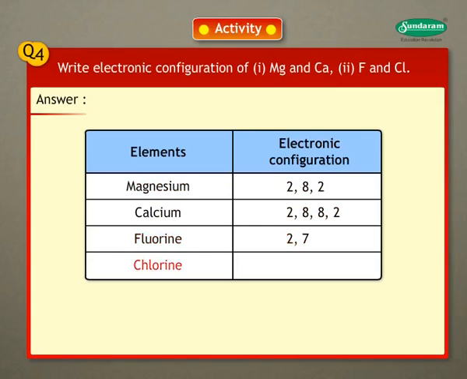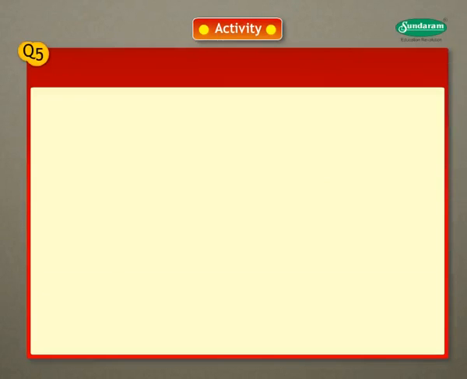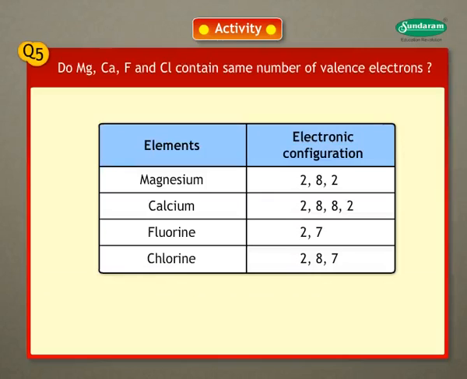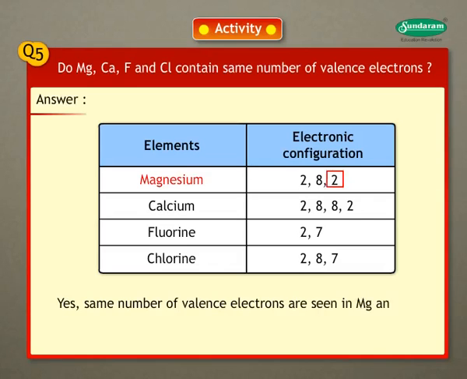Chlorine is 2,8,7. Question 5. Do magnesium and calcium, fluorine and chlorine contain same number of valence electrons? Answer. Yes, same number of valence electrons are seen in magnesium and calcium as well as in fluorine and chlorine.